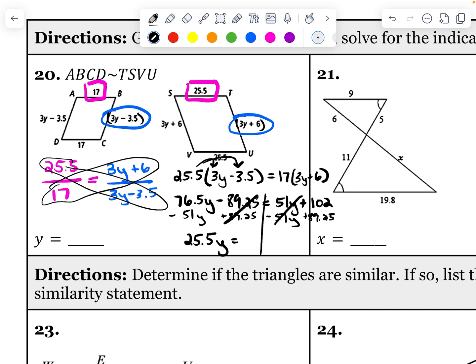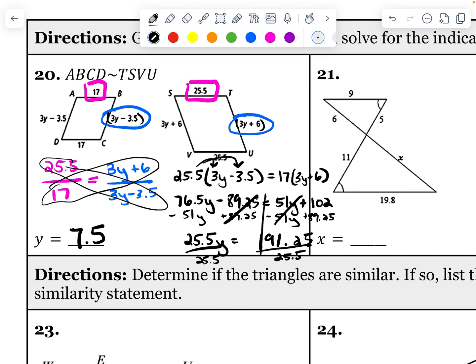Y equals, let's see, 102 plus 89.25, 191.25 divided by 25.5, 7.5.